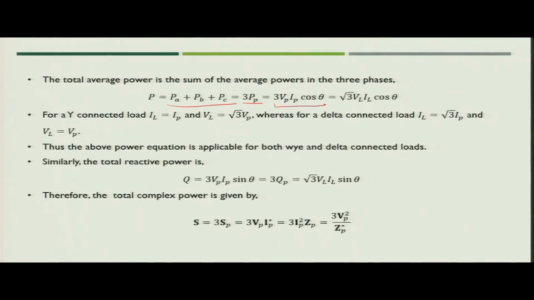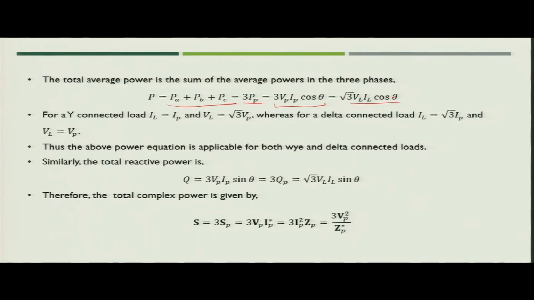You can write 3 V_P I_P cos theta. If you convert phase voltages into line voltages, you will write V_P is nothing but V_L by root 3, and in that case you can write total power in terms of line voltage and line current as root 3 V_L I_L cos theta.